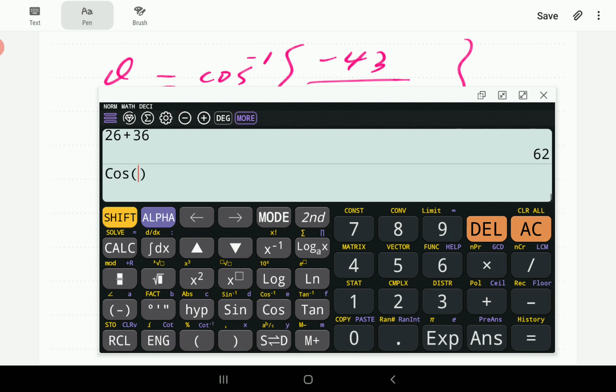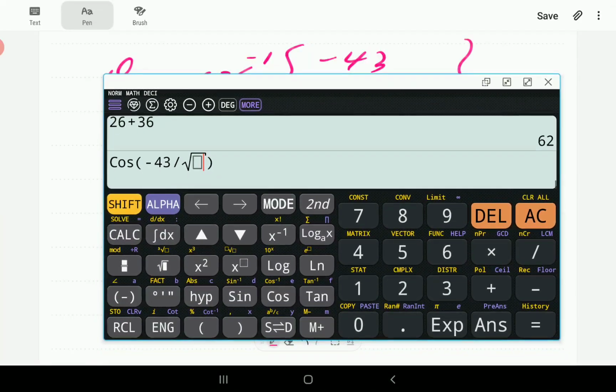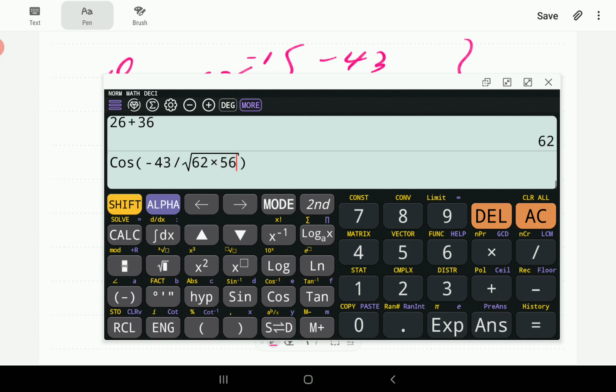Inverse cosine of negative 43 divided by the square root of 62 times 86.